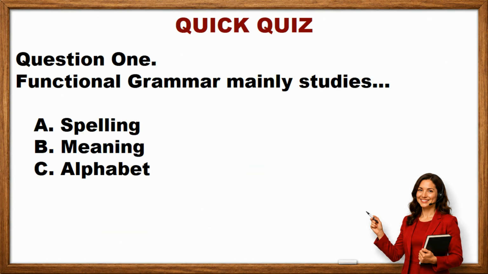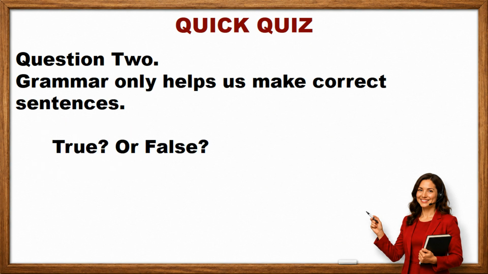Quick quiz. Let's test your understanding. Question 1. Functional grammar mainly studies A. Spelling. B. Meaning. C. Alphabet. Pause the video. The answer is B. Meaning. Question 2. Grammar only helps us make correct sentences.